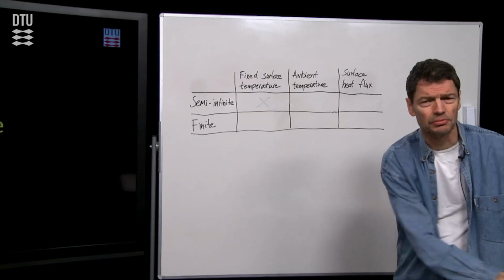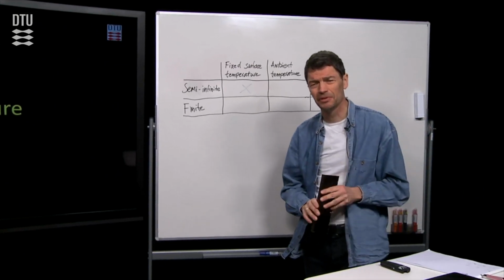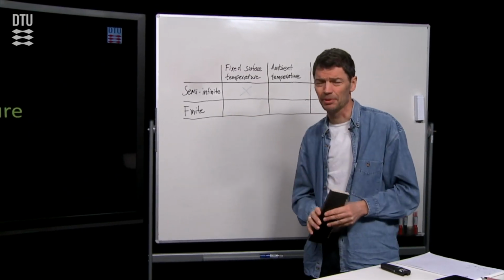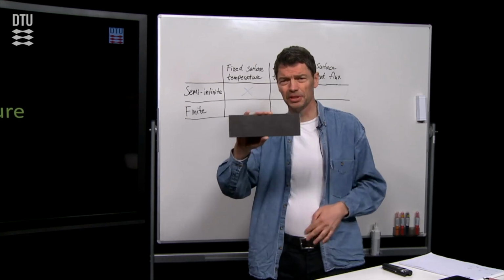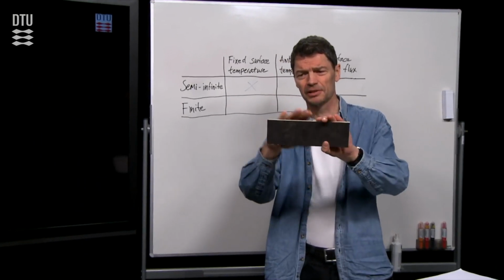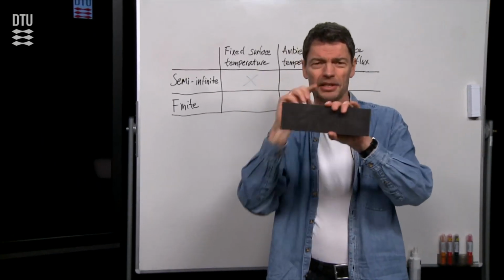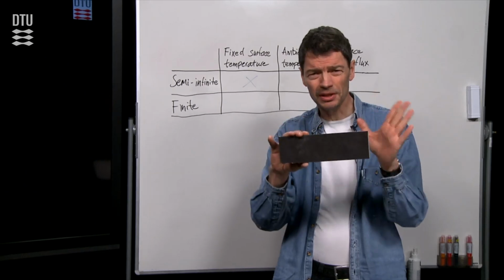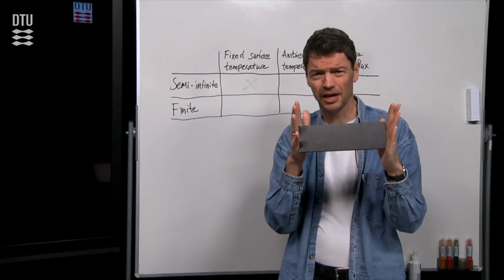Just to explain what I mean by semi-infinite bodies versus the finite body. If you consider this to be a wall with a certain thickness from the left to the right part of the wall, then it has a certain thickness, of course, that's finite.